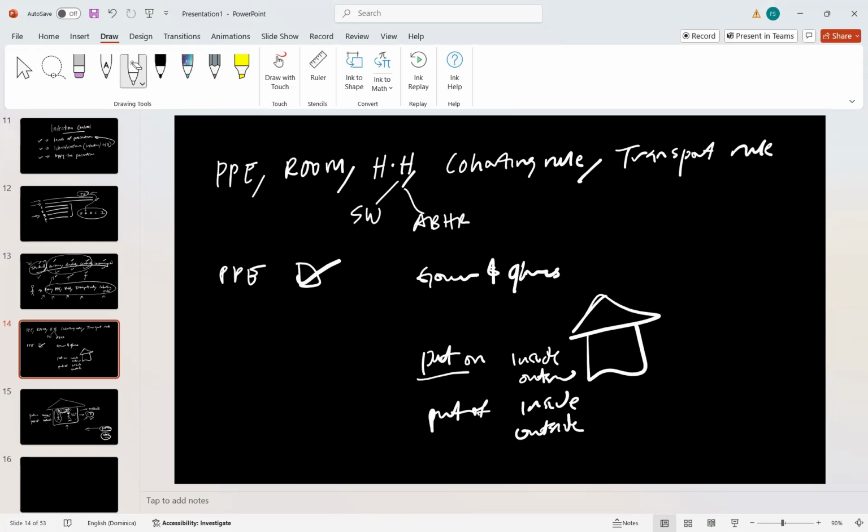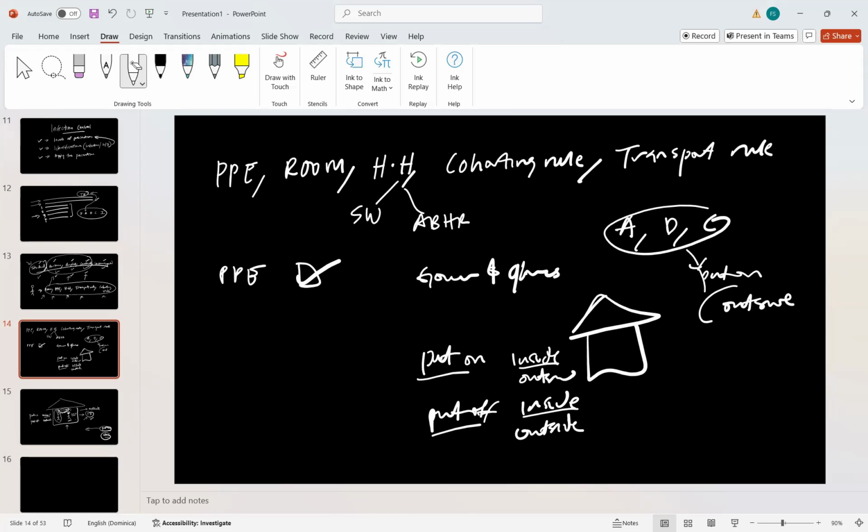So you put it on inside and you put it off inside, is that what you're saying? Yes. Okay. Now, for every one of these, airborne, droplet, we put on the PPE outside, and we take it off outside.